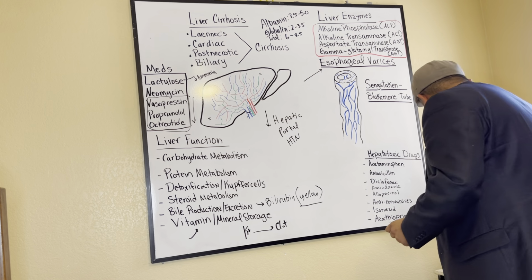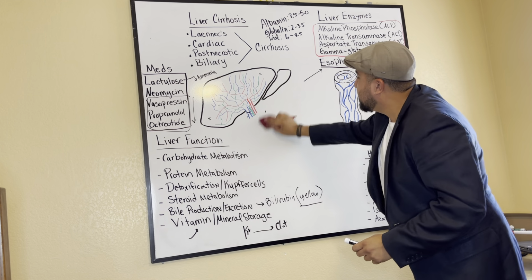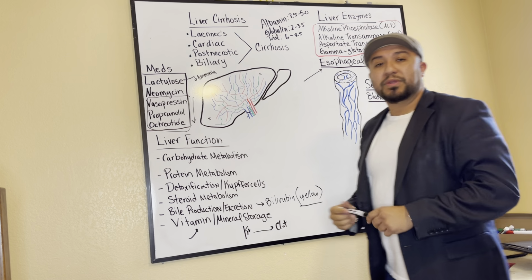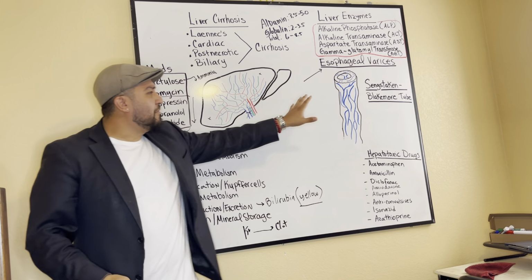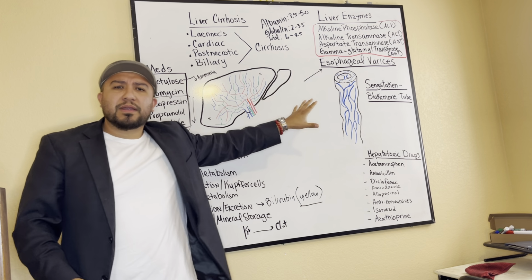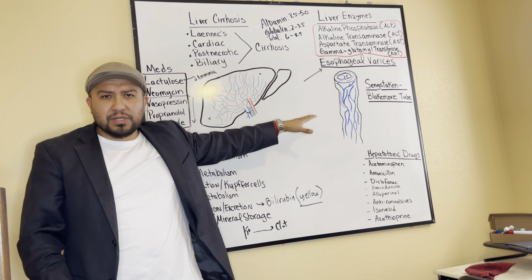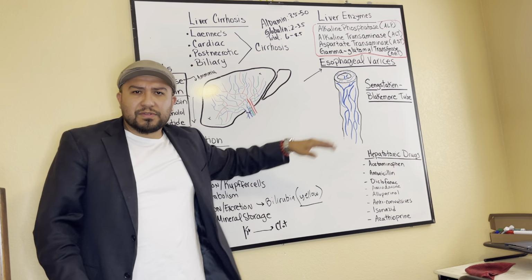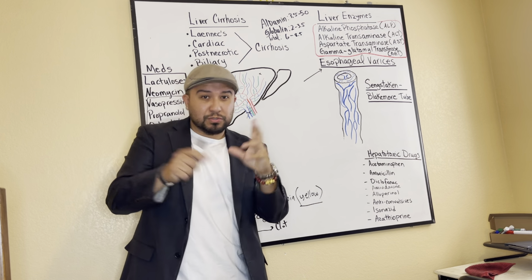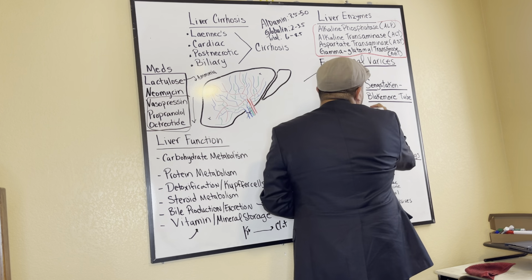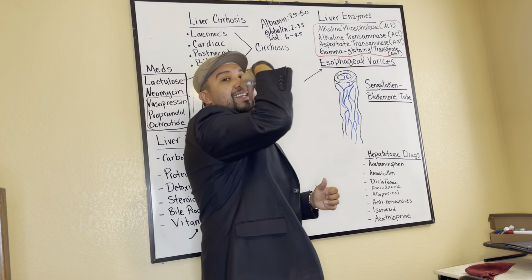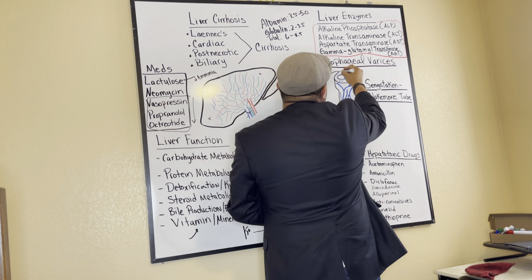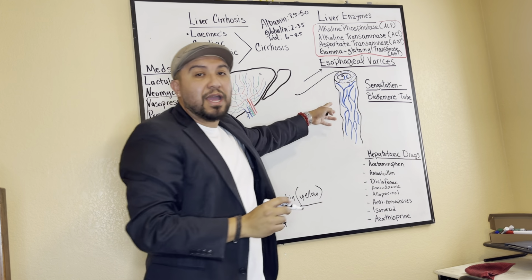Now, some of the complications that you have to be familiar with as well is essentially how do we provide other means of aiding in the prevention of the rupturing of the esophageal varices? Well, there's a special tube, and this tube goes from outside the body inside the esophagus, and it enters the esophagus.